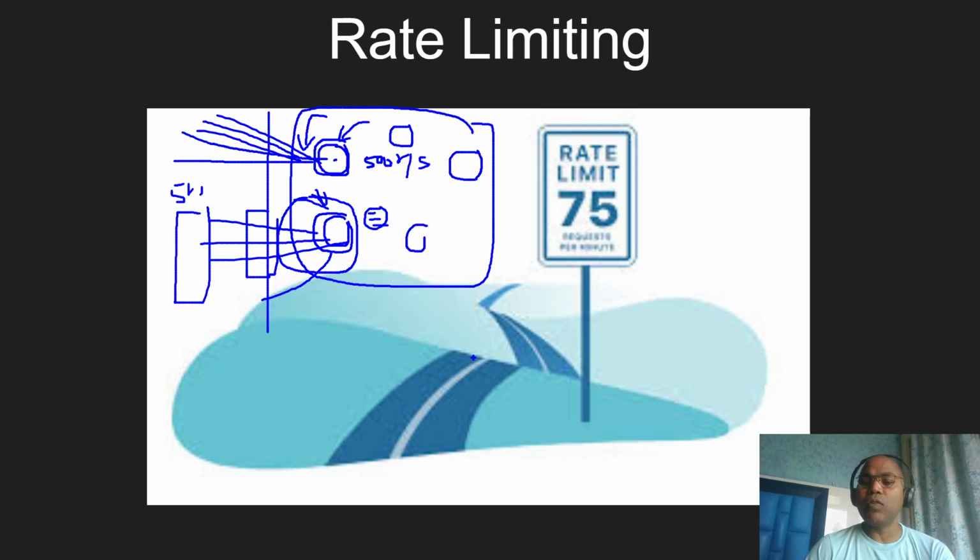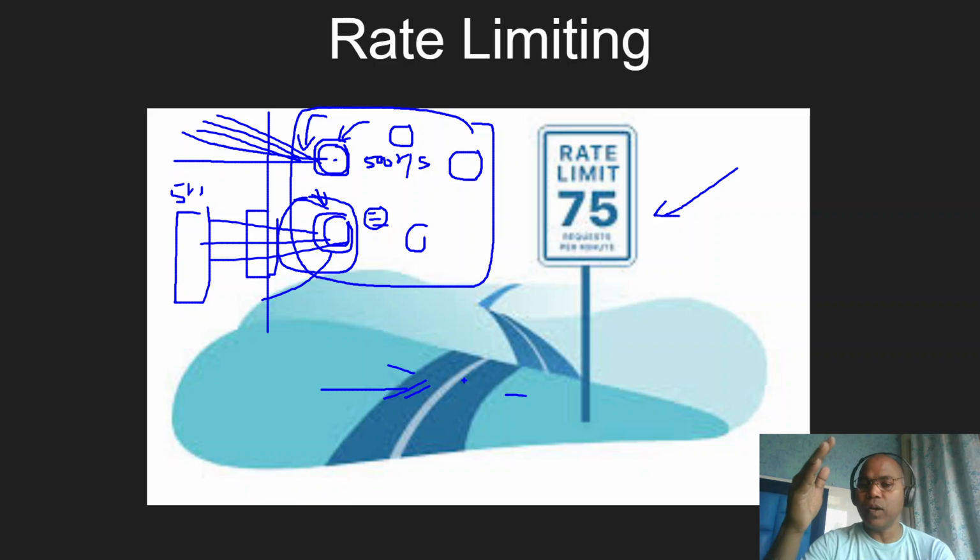A good example: whenever you are on the roads, there are signboards showing rate limits. Maybe this road has the capacity for only 3 or 4 vehicles at a time. What happens if we try to allow hundreds of vehicles? Our whole traffic will become very slow.